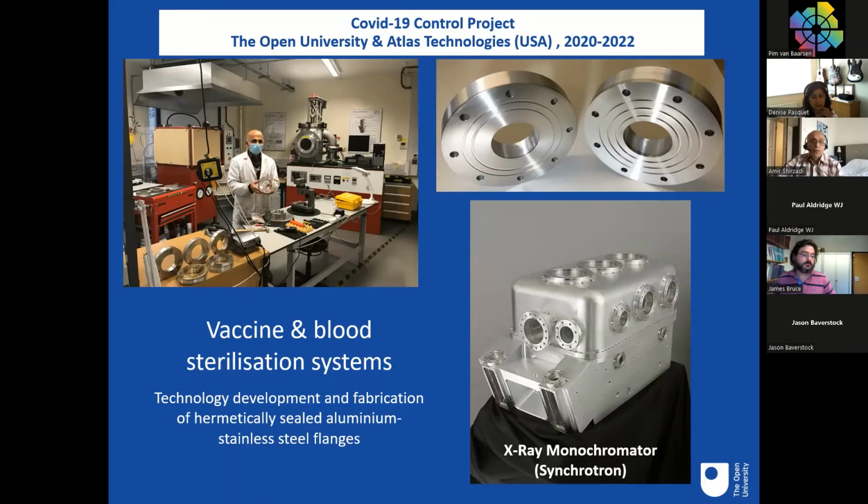A key component for the vaccine sterilizer is made of steel and aluminum and has to be welded. The only technology that existed in the world was explosive welding, but the American company couldn't keep up with the demand. Explosive welding has a very long lead time, up to 1 year, and low reliability. So they asked us to replace the explosive welding with diffusion bonding.